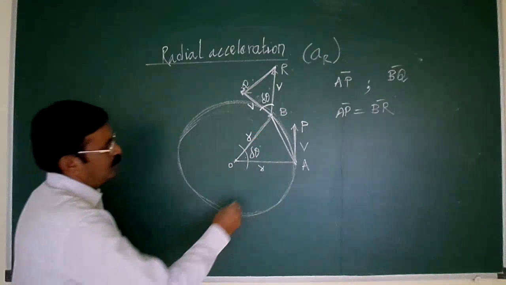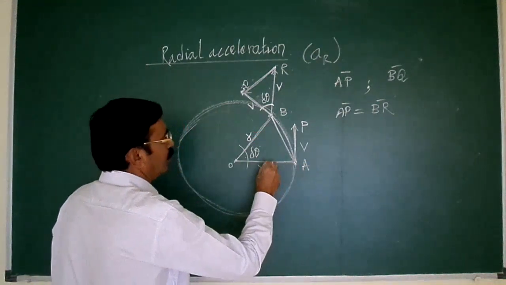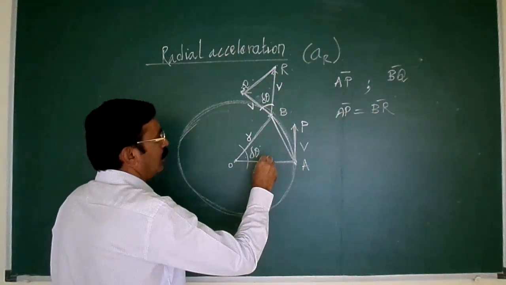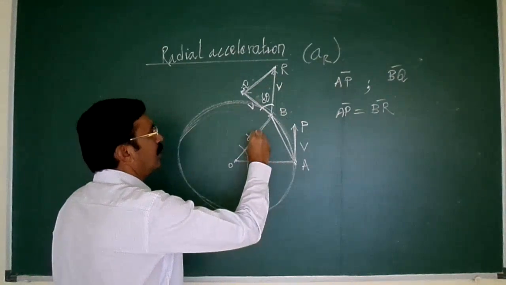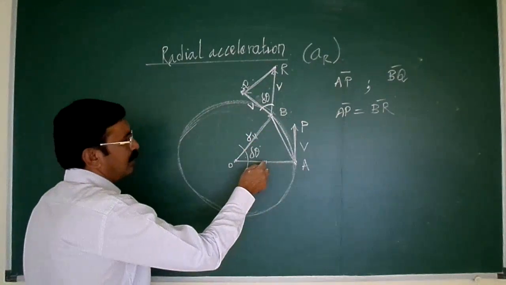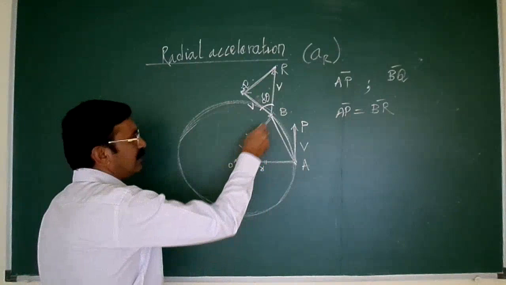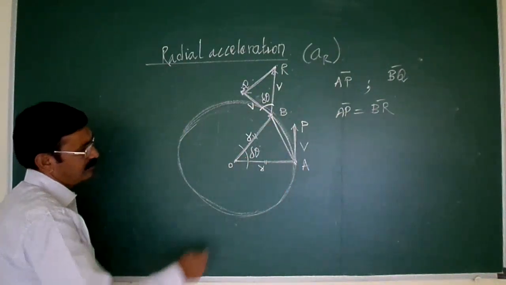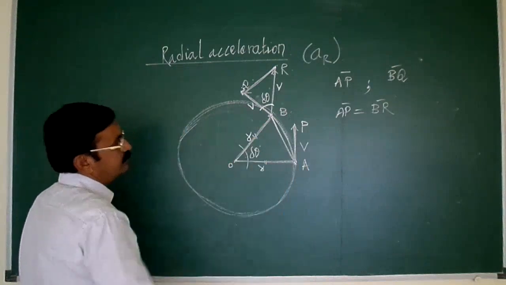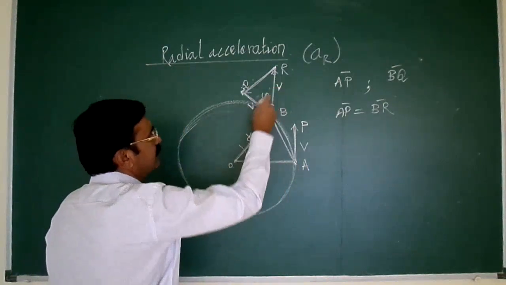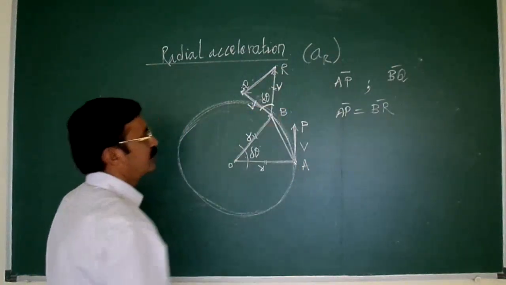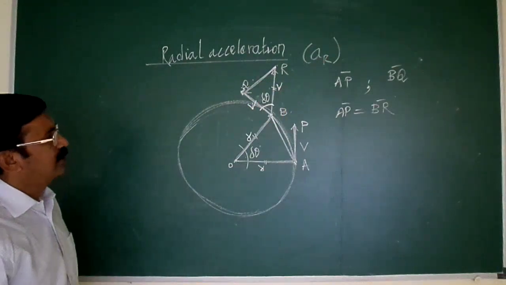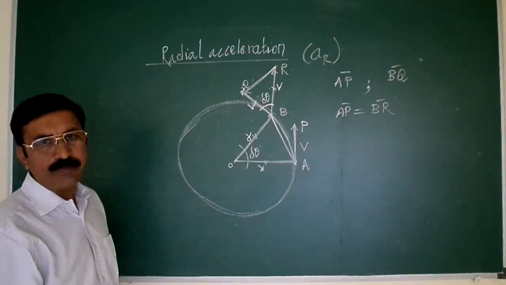Now here we see that R and R, as they are the radii of the same circle, are equal. V and V, these two sides are also equal. So by similarity between the two triangles.